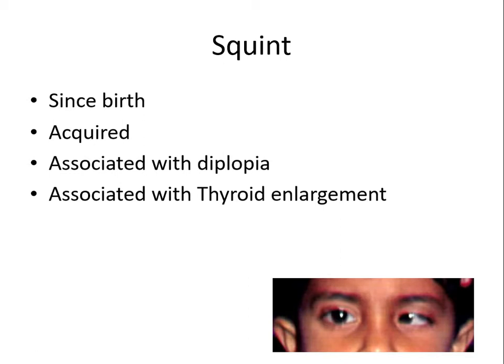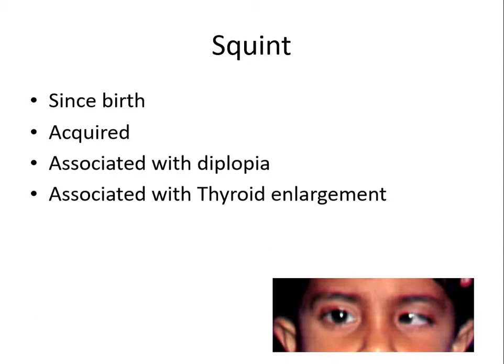Again, you have to ask whether it is since birth or acquired. If it is since birth, the causes are different. If it is acquired, the cause is usually extraocular muscle paralysis. The other cause of squint is thyroid associated eye disease.